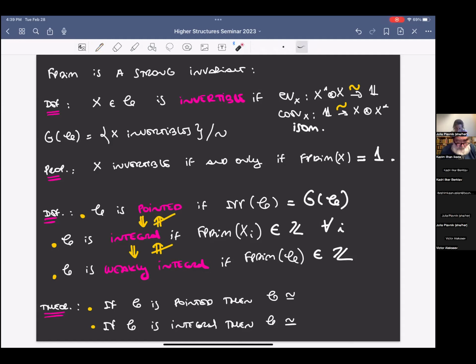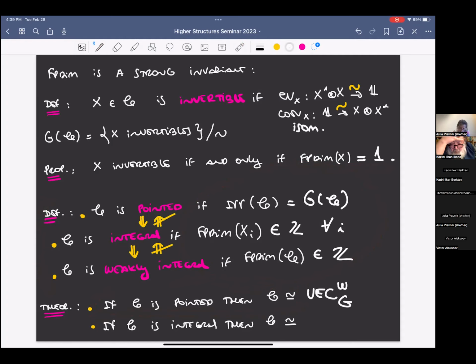Let me tell you what we know about these special categories, because you see I'm requesting a lot here. I'm just staying in the safer cases. So let me tell you what we do know about them. The pointed ones, where all the simple objects have dimension 1, are very well understood. They are always of a form that we know, Vec_G^omega.